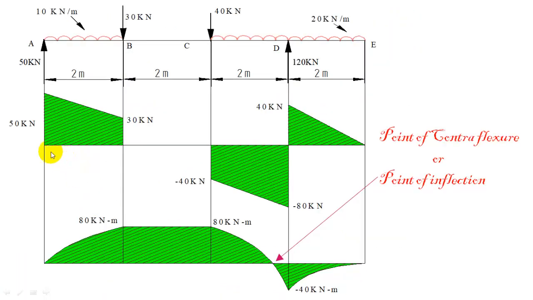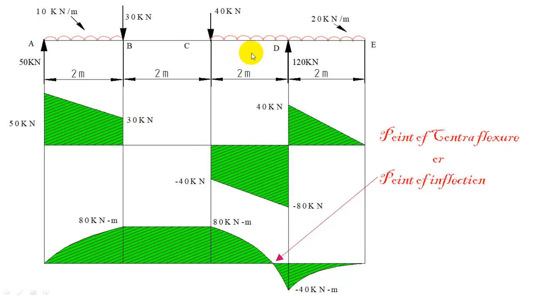Now to draw the shear force diagram, we know the shear force right of A as 50, left of B as 30. So 50 to 30 has to decrease in that section AB. And for the portion BC we got 0, so there is no shear force acting for that section.